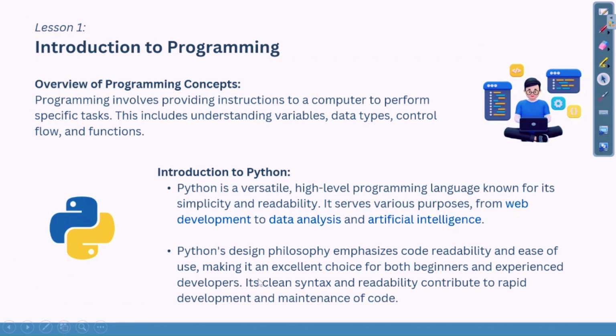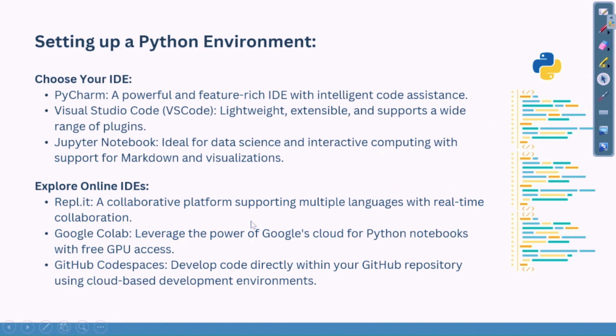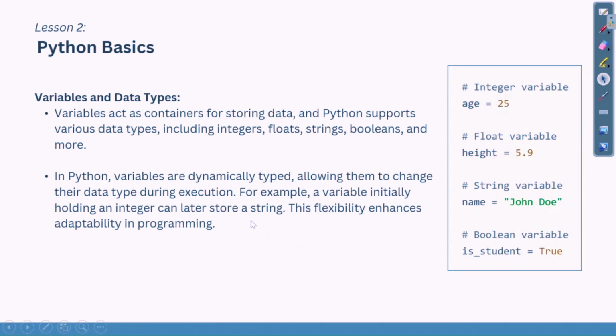So here are the slides. Let's start with some basics. What are variables? Take a variable like a container which stores data. There can be different types of variables like integer, float, string, and boolean variables. One of the biggest advantages of Python is that by default you do not need to mention the variable type.